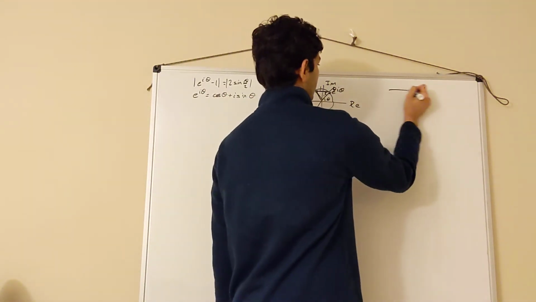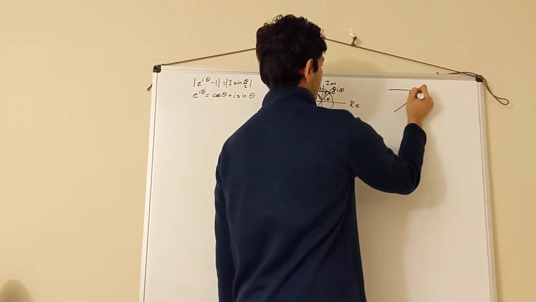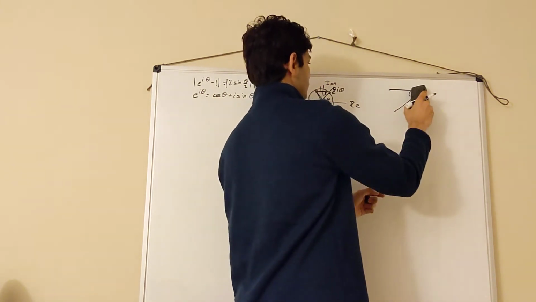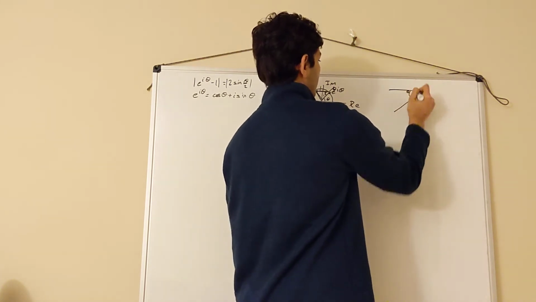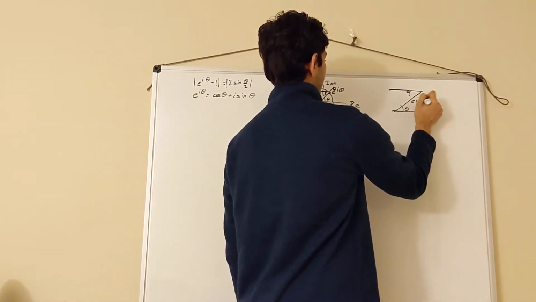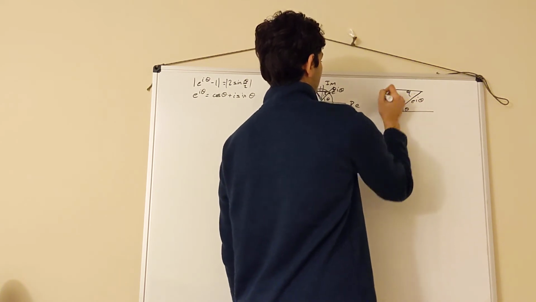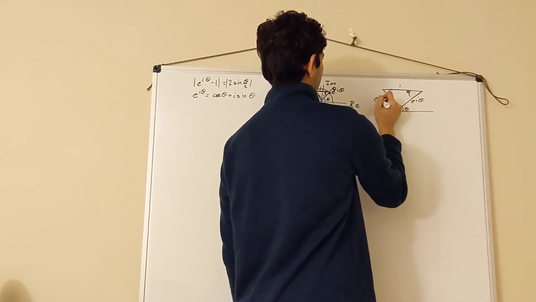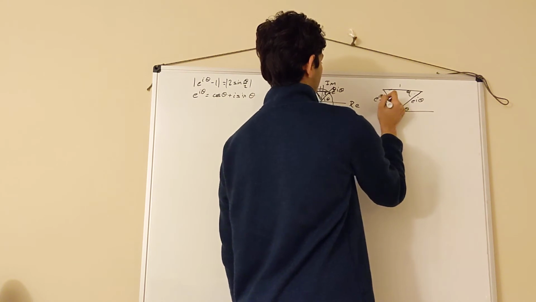So we can draw a picture here a bit larger. This will be theta, this will also be theta, this is e to the i theta, and this is the length we're trying to figure out, e to the i theta minus 1.